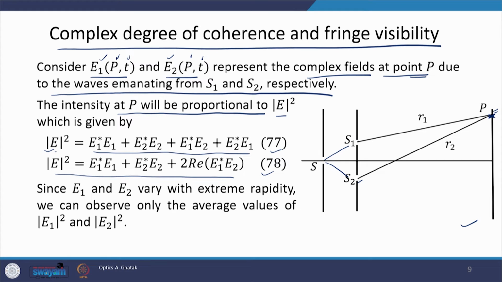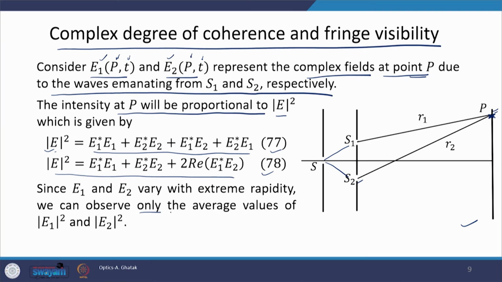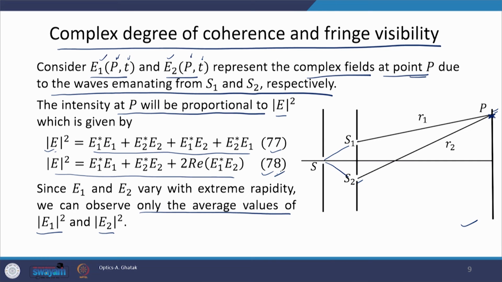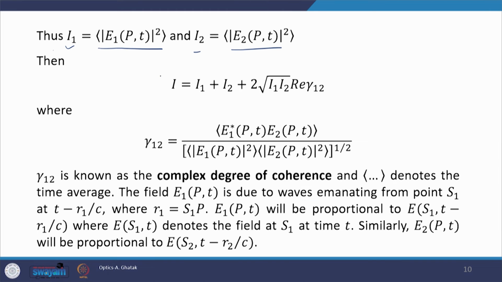But we know that fields are rapidly varying quantities, particularly in the visible range. Therefore, we observe only the average value of this field, and we define I1 as the time average of mod of E1 squared, and I2 as the time average of mod of E2 squared. Therefore, equation 78 reduces to this expression, where I is equal to I1 plus I2 plus 2 square root of I1 I2 times the real part of gamma 1 2.